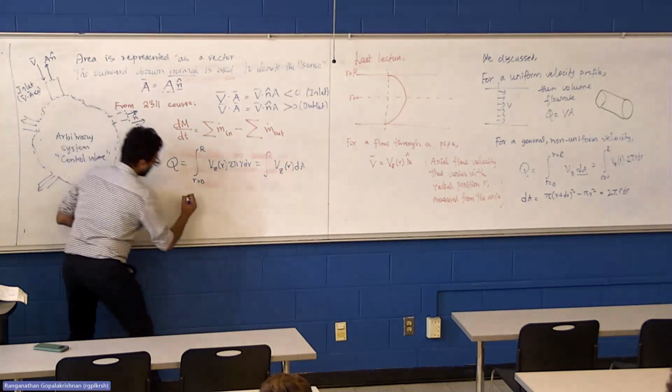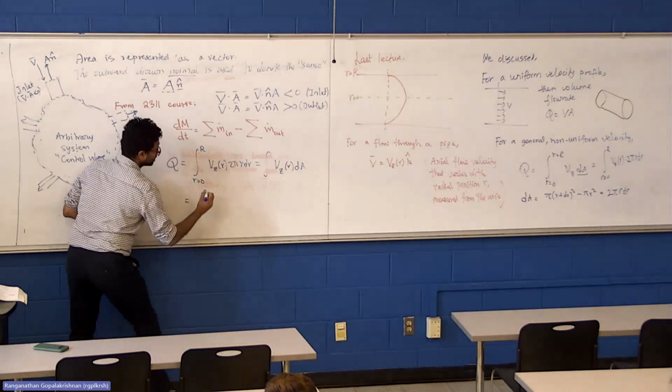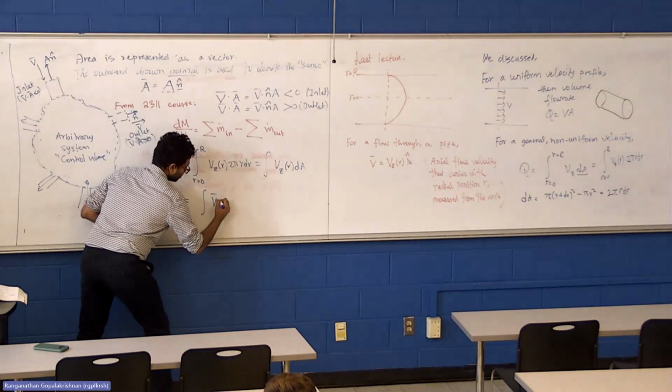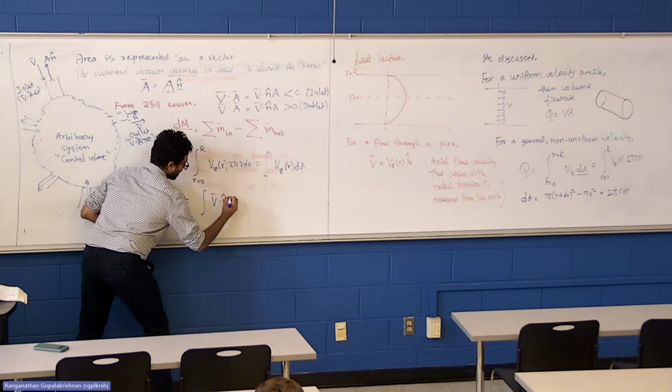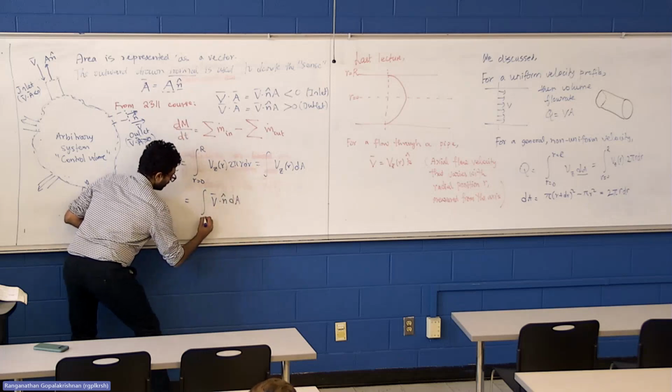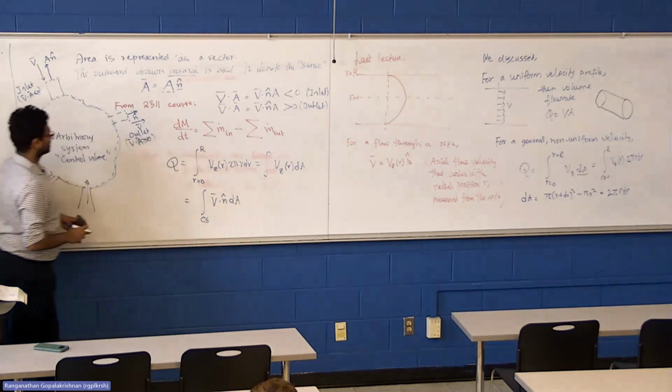And to write this in vector form, I'm going to write V vector dot n cap times dA over the cross section that I'm interested in.